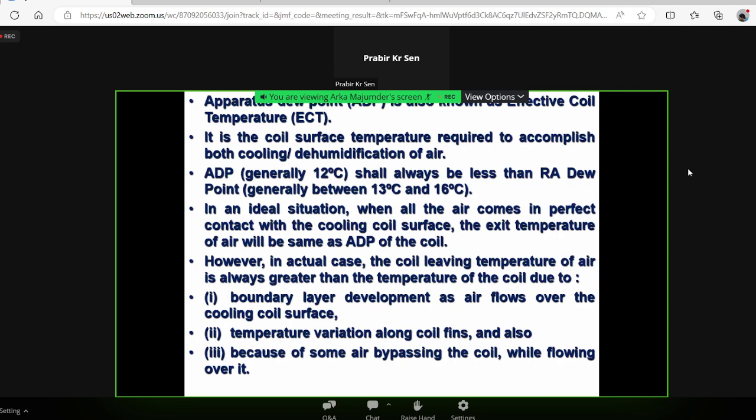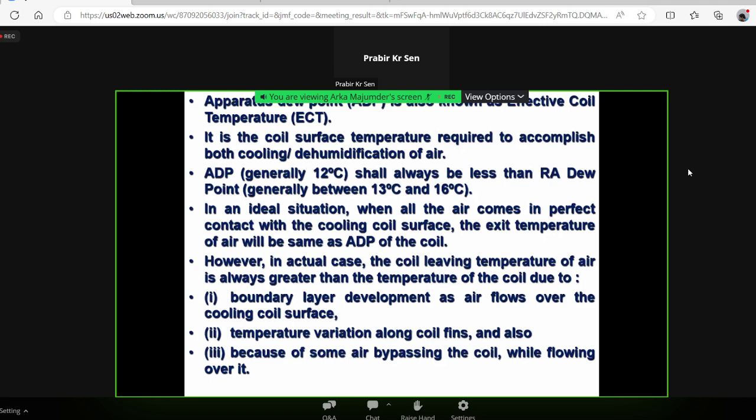It produces a little turbulence in the cooling coil, so the boundary layer becomes very thin, and heat transfer is not as bad as with a laminar boundary layer. The boundary layer acts as an insulation, so we try to minimize its insulating capability by making it turbulent, by providing a bouncy surface on the fins of the cooling coil.